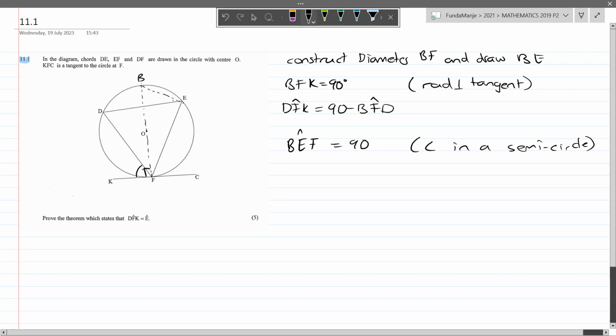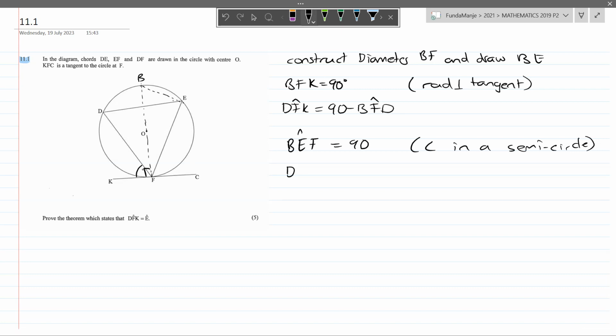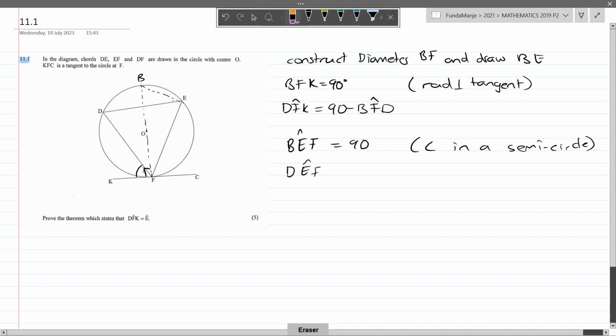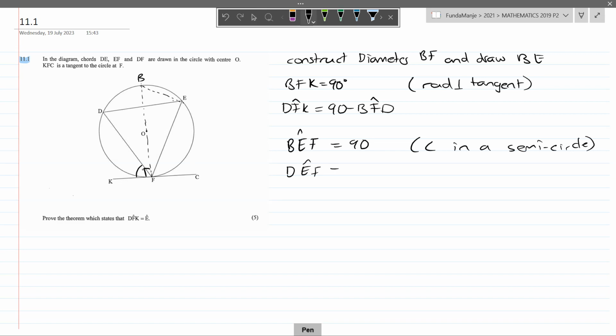And from here, we can then say that DEF is this small section here, which is what we are partially interested in, also known as the angle E. DEF or E is equal to 90 minus BED.